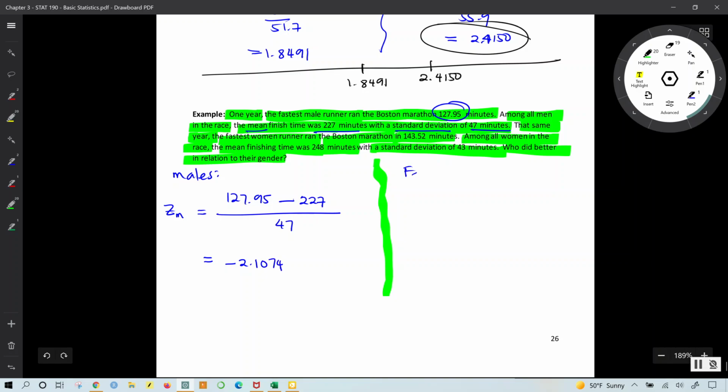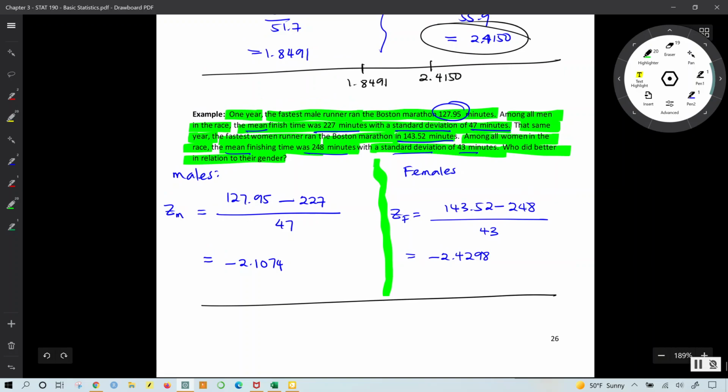Then for females, the raw score was 143.52 minus the mean of 248, divided by the standard deviation of 43 minutes. That was the z-score for females, and this will be equal to negative 2.4298.